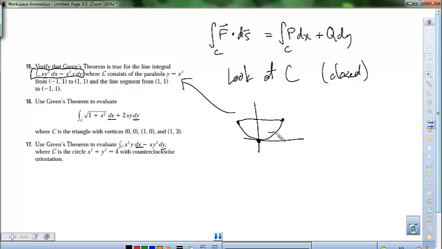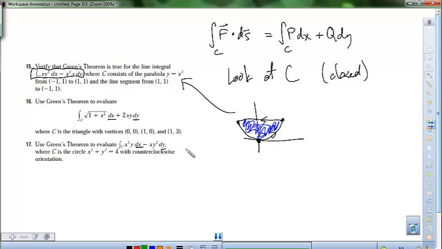So this is our curve, and clearly it's closed, and it encloses a fairly simple region that you can do a double integral on. And that's what happens with Green's theorem, is that you're going to replace this line integral with a double integral.